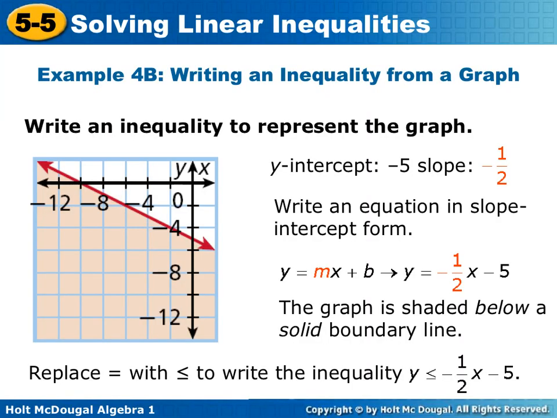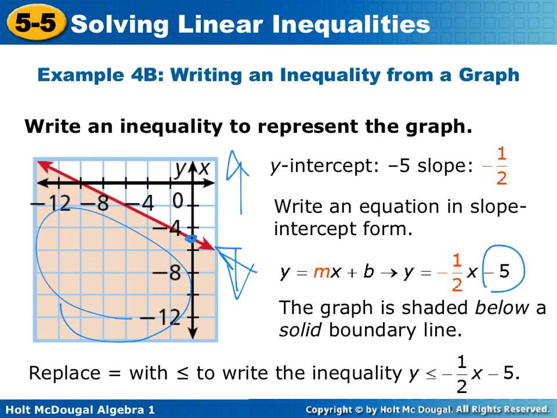Here's another example. Again, look for the y-intercept. Look to see if it's shaded on the bottom or the top. It's on the bottom. It's a solid line. So from there we can fill in what we need. So because my y-intercept is -5, that's what goes here.